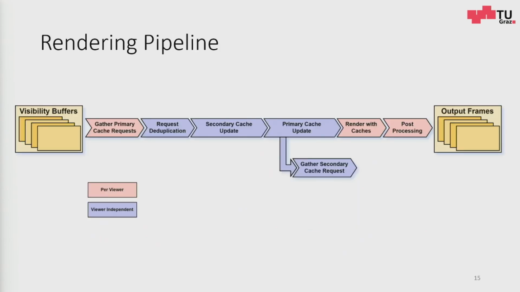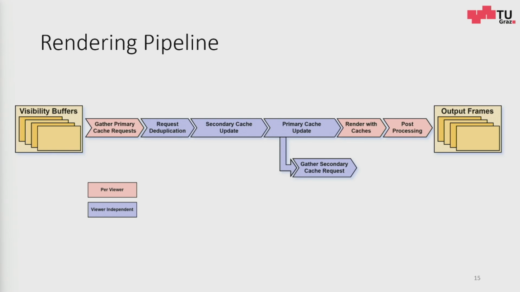So the pipeline looks as follows. The reddish colors are passes which need to be executed per viewer, while the bluish ones are viewer independent. It all starts with our visibility buffers. Based on the visibility buffer, we gather all the primary cache allocation requests. Then in the next stage, we deduplicate all those requests, both for primary and secondary caches.